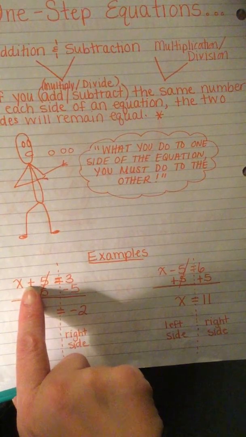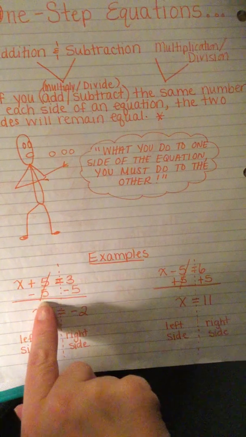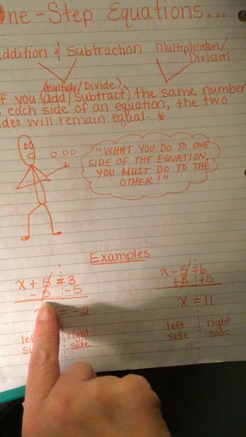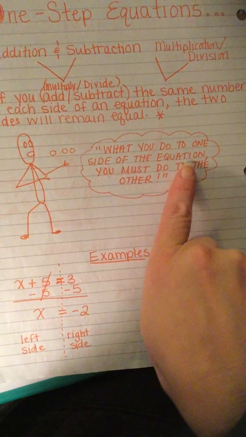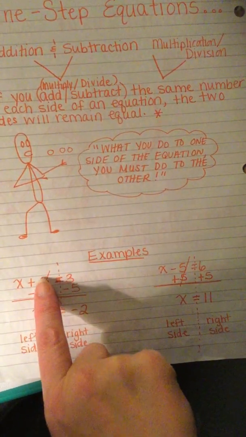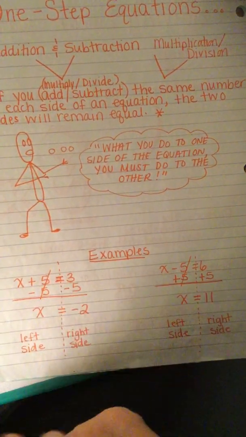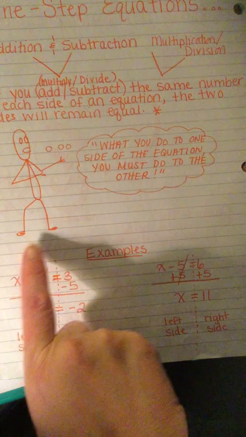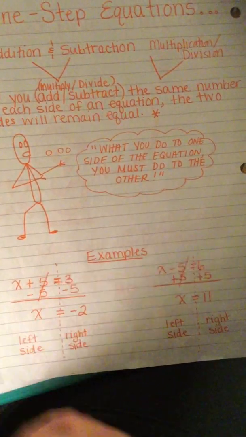Now if this is a plus 5, that means you're going to subtract 5 in order to cancel it out. But what we do to one side, you must do to the other side. So if I subtract 5 from this side, I have to subtract 5 from this side of the equal sign. So these 5s are going to cancel out here because a positive 5 minus 5 is nothing.